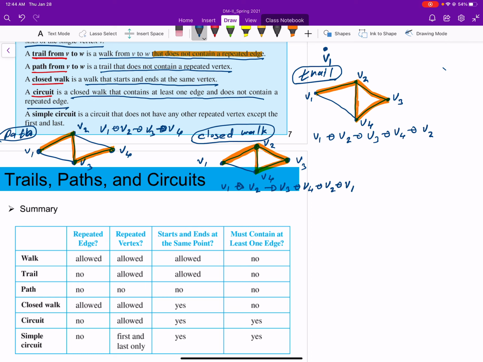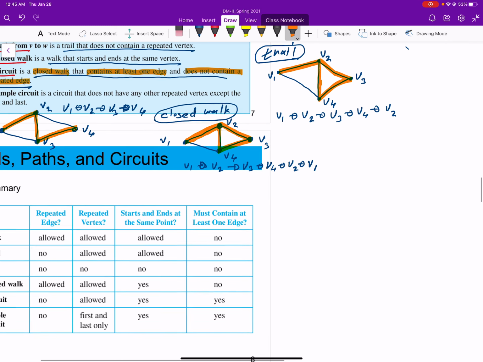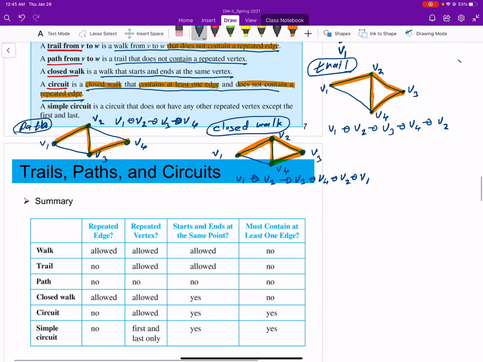So there are some qualities that you have to satisfy. It's a closed walk, keep that in mind, that should contain at least one edge, that's the second condition, and does not contain repeated edges. There are three conditions you have to satisfy. Let me draw the case here. It's a circuit.